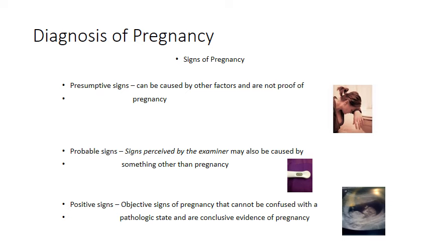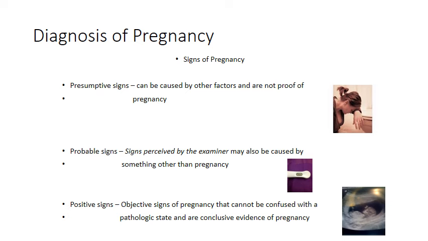But the absolute positive signs of pregnancy are objective signs of pregnancy that cannot be confused with a pathological state and are conclusive evidence of pregnancy. These include visualization of the fetal heartbeat, visualization of the fetus with ultrasound, and fetal movement assessed by somebody other than the mother. And you guys might say, oh, everybody has a story about somebody who said they were pregnant and then they weren't, and all these stories.